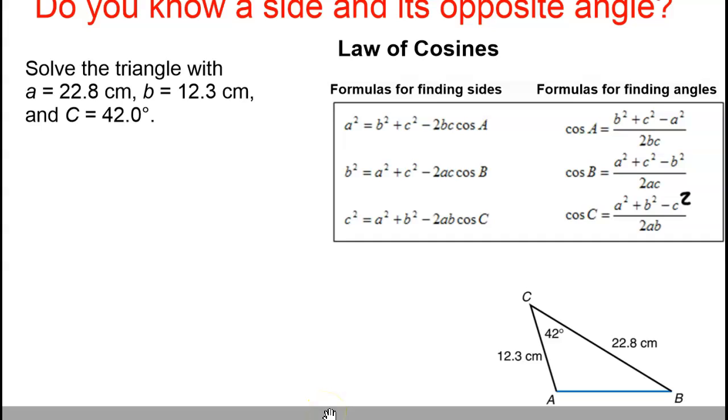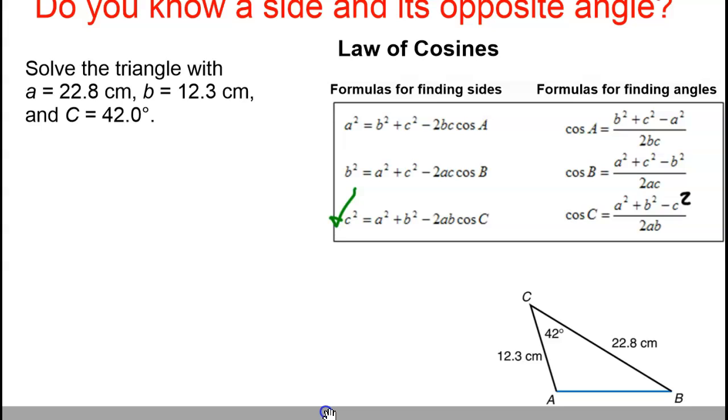One of the things we can see is that we have side A and side B. We don't have side C, but we do have the opposite angle, angle C. So let's use this formula right here, where we're going to be looking for C.